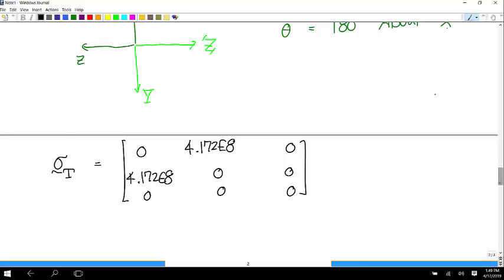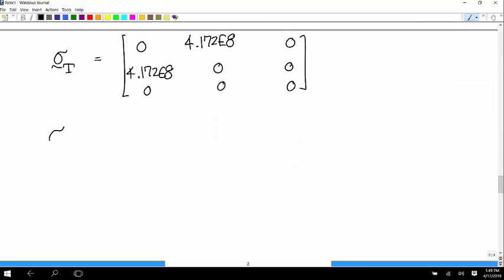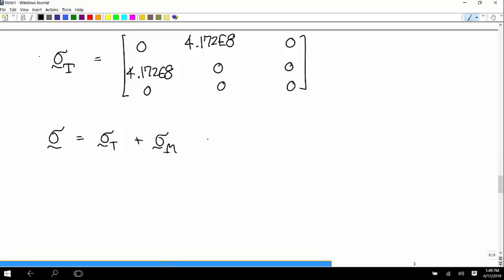Okay, so let's just get this final answer for the total stress tensor. So we're adding all these up. And you get 1.175 times 10 to the 8 for the x normal.